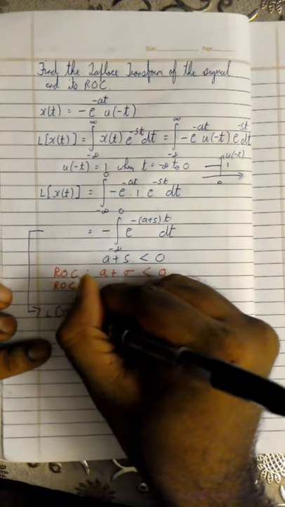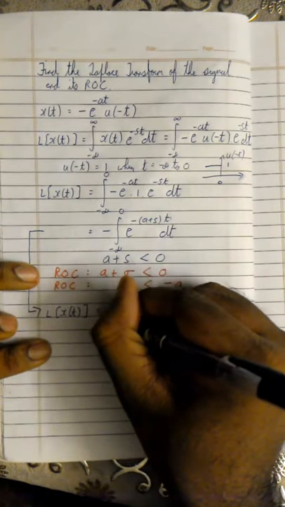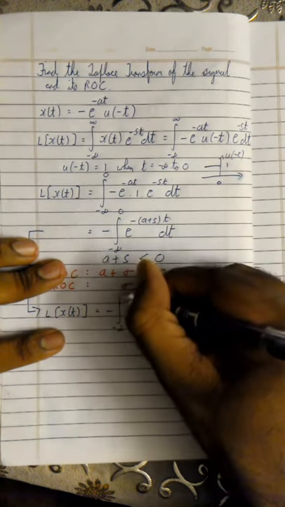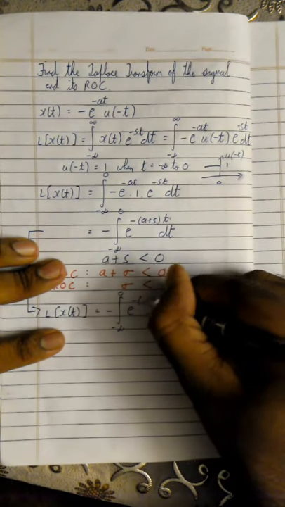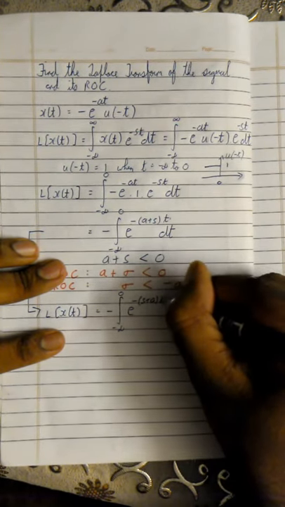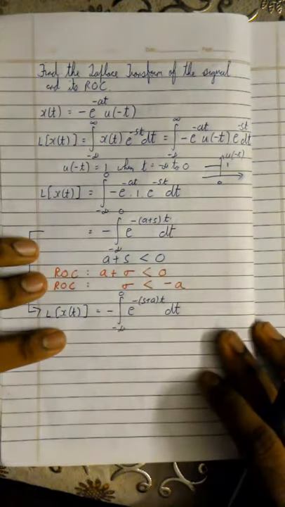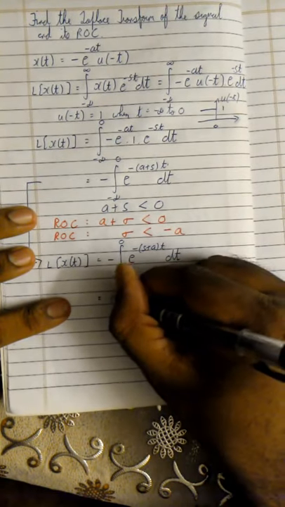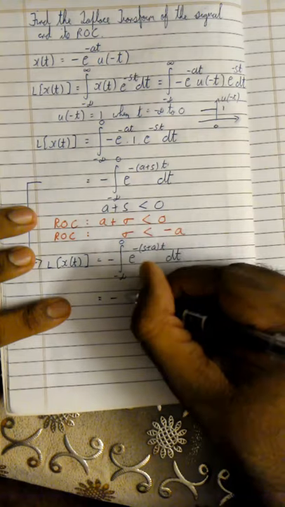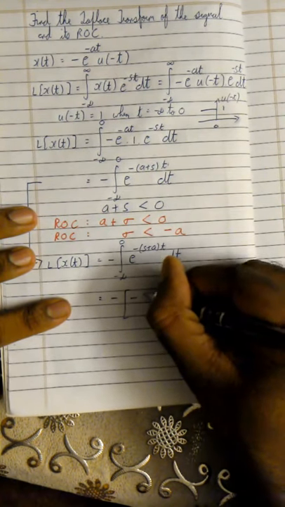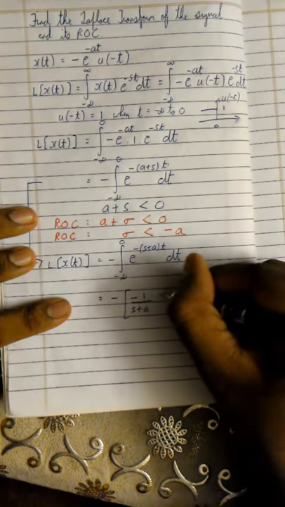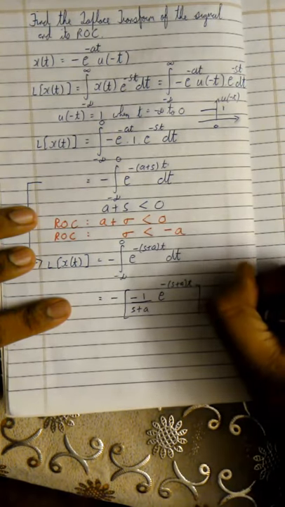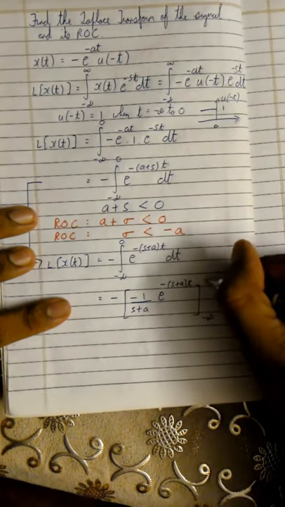The Laplace transform of x of t is equal to minus the integral from minus infinity to 0 of e raised to minus (s plus a) t dt. Okay. So now this is also equal to minus 1 by s plus a into e raised to minus (s plus a) t from minus infinity to 0.